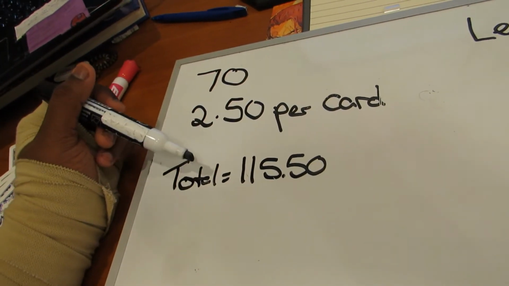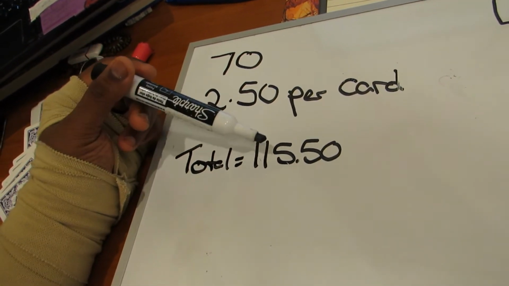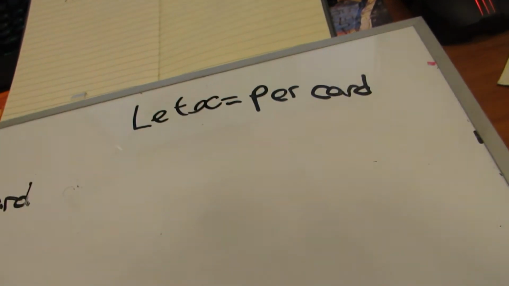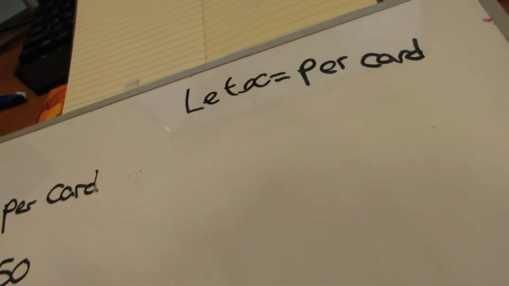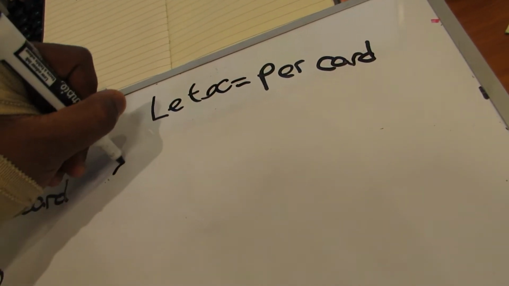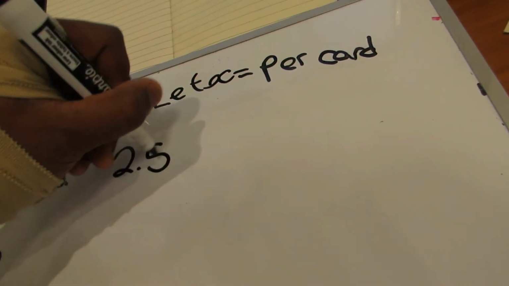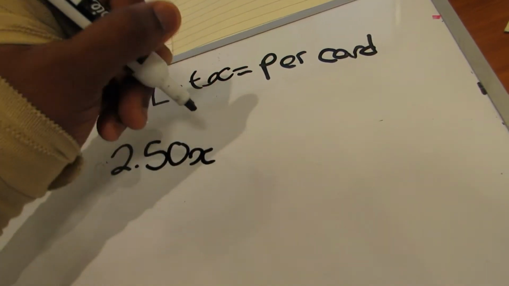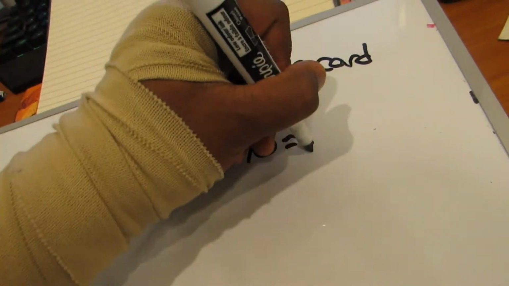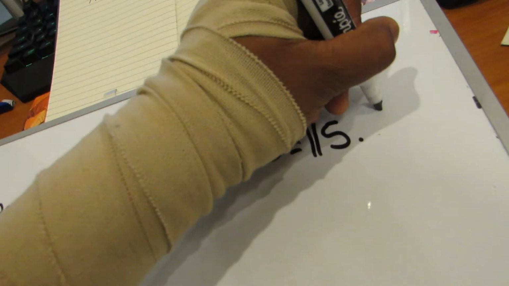She's paying $115.50. So I'm going to let x equal the number of cards. I'm going to write it in the formula. So it is 2.50x plus 70 equals 115.50.